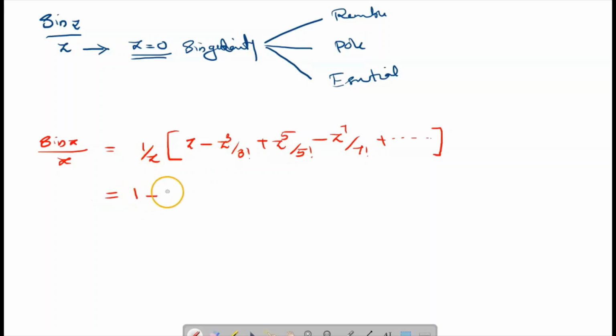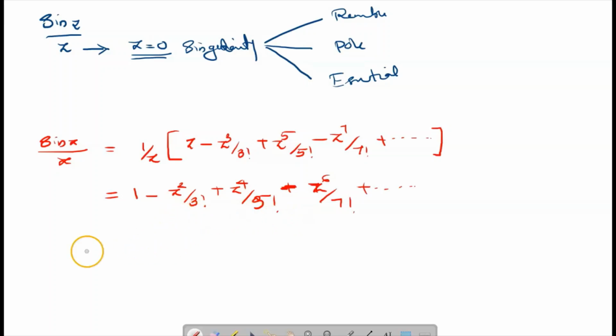So this is 1 minus z square by 3 factorial plus z raised to 4 by 5 factorial minus z raised to 6 by 7 factorial plus etc. So here the Laurent series expansion of sin z by z doesn't have any negative powers of z.